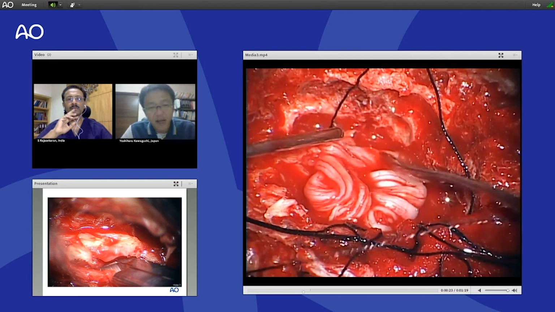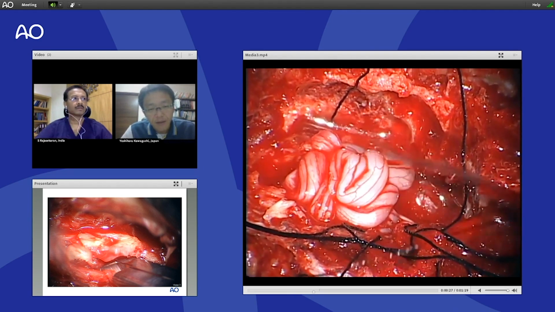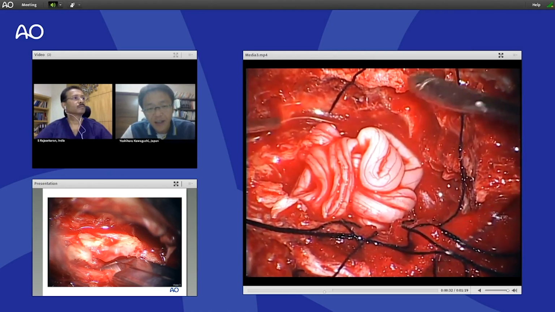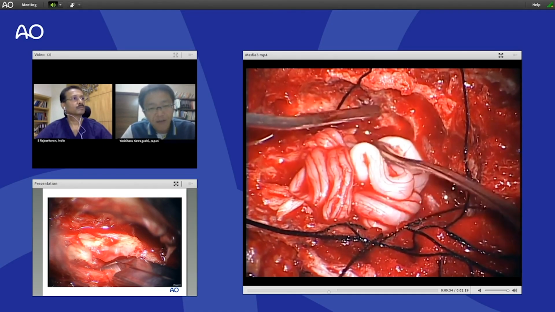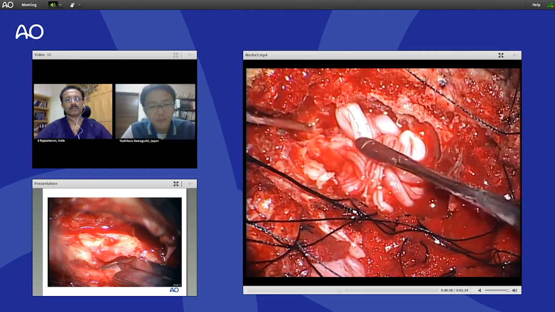The surgeon tries to make a bigger hole and tries to insert the cauda equina into the dura. However, it is very difficult because the hole is very small.